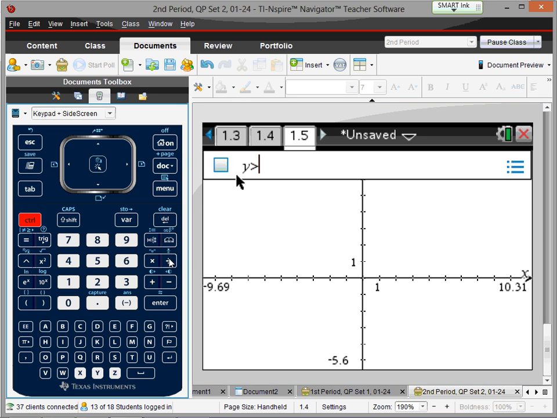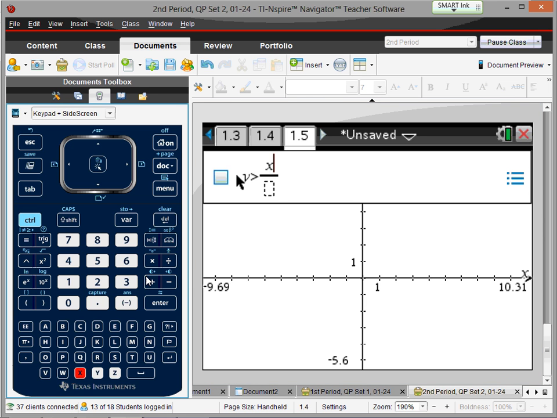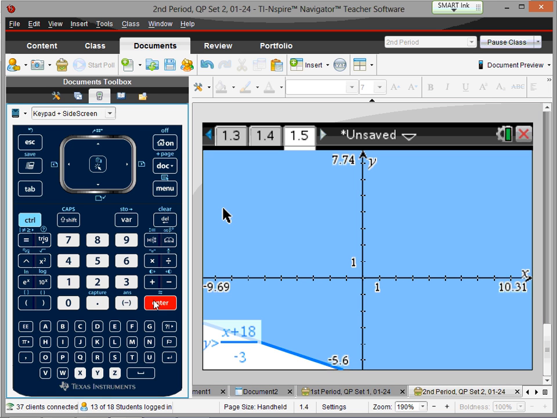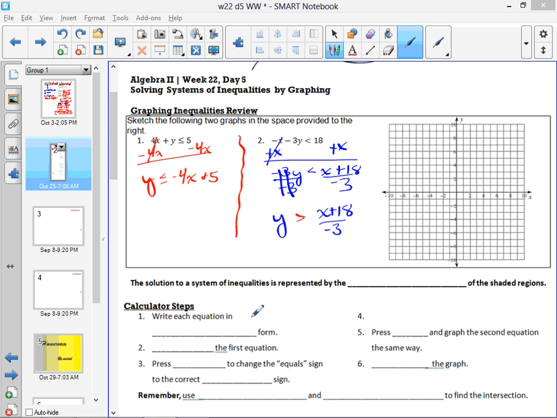Control, divide, X, plus 18. I type it in right? X plus 18 over negative 3.